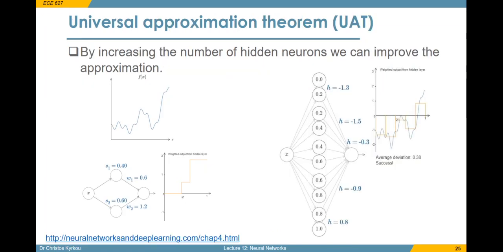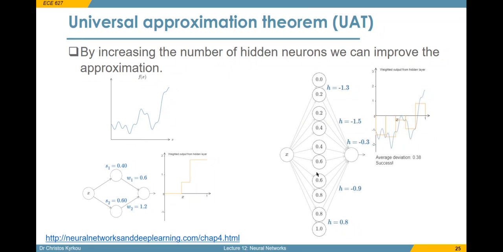And this is an intuition behind what the theorem actually tries to say. Basically, we have two neurons here, and let's say we want to approximate this function right here. With two neurons, we get something like this, which seems to approximate the general shape of the curve.